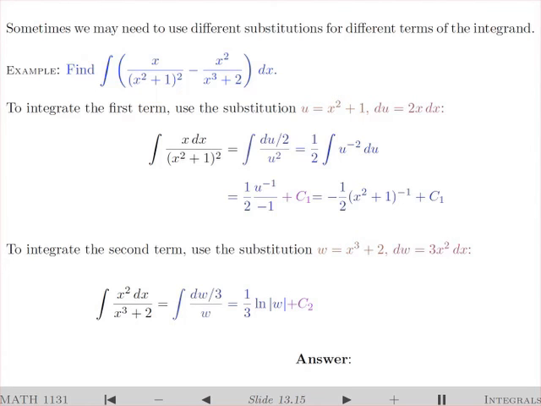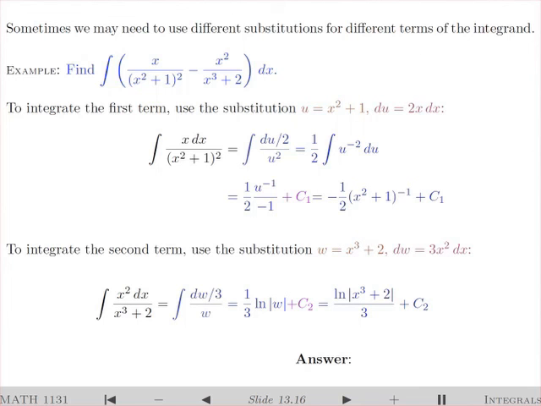Again, I need to go back to the original variable x, so I'm going to substitute x cubed plus 2 for w. So I get 1/3 ln of the absolute value of x cubed plus 2 plus the constant of integration. The original problem asked for the integral of the difference between these two terms, so the answer will be this minus this, and we can combine the two constants C1 and C2 into one.